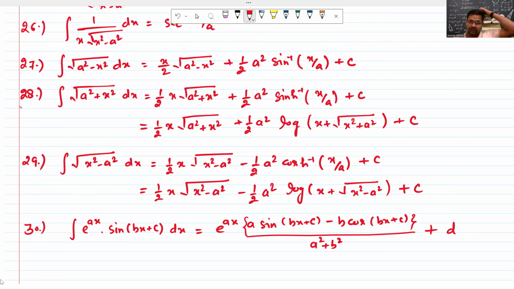Because c is already used in this expression, we have just put it as d here.